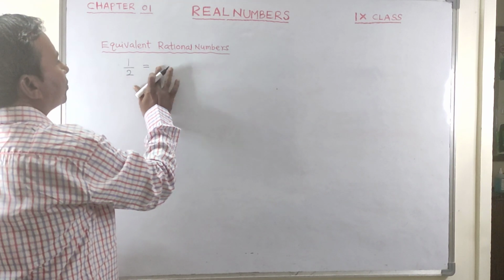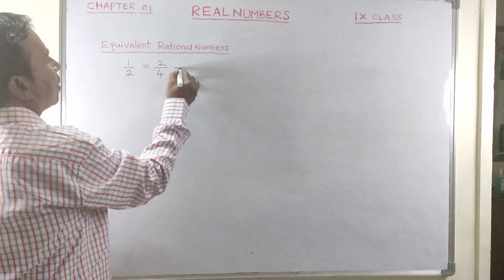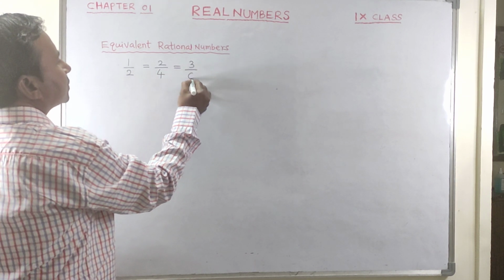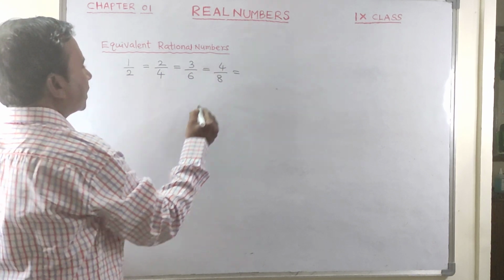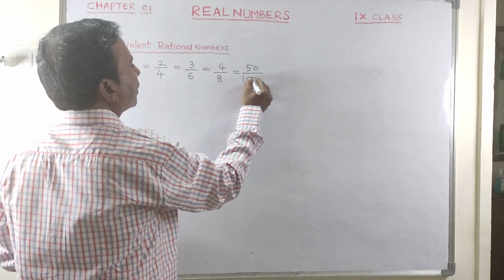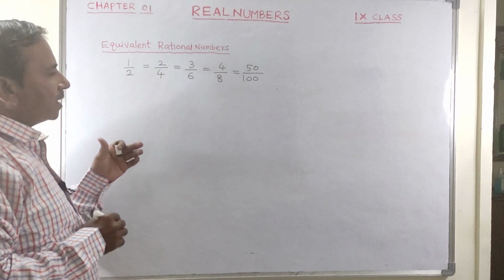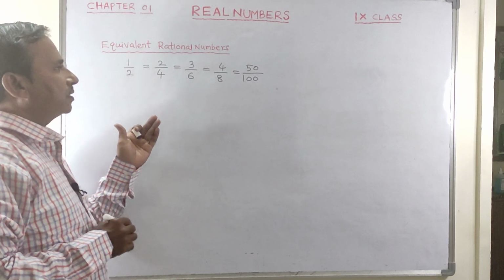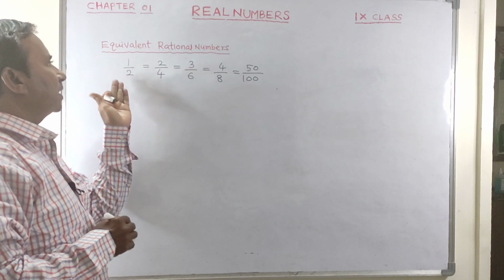So 1 by 2 can also be written as 2 by 4 or 3 by 6 or 4 by 8, like this, or 50 by 100, like that. We can write infinitely many forms to represent a rational number.